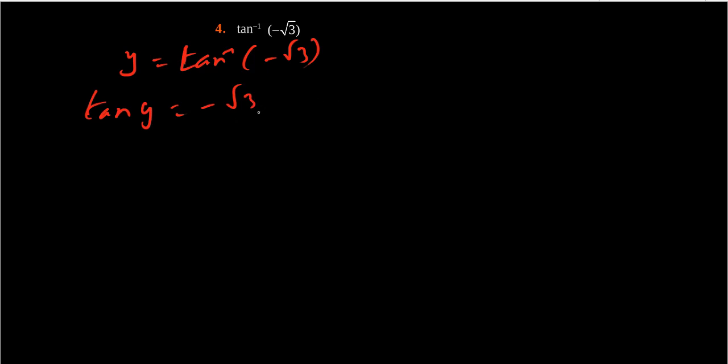For which value will the tan function give root 3? At 60 degrees, tan 60 degree is root 3. It is nothing but tan pi by 3. So, tan pi by 3 is root 3. We want to get minus root 3, so take minus on both sides.